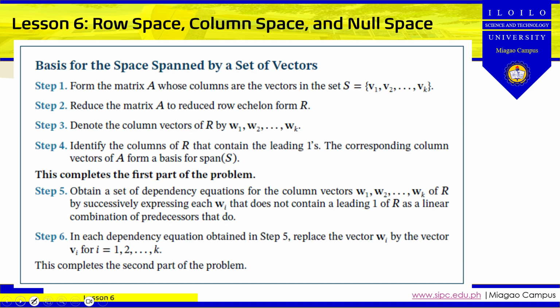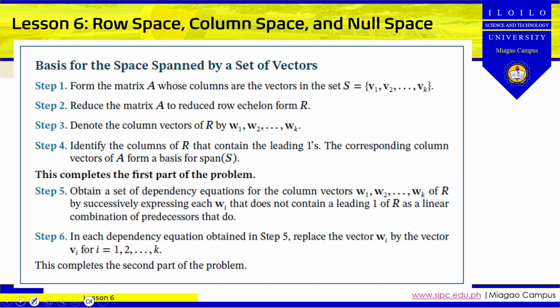Lastly, in this lesson, you need to take note of the basis for the space spanned by a set of vectors. There are 6 steps that you need to consider. Step 1: form the matrix A whose columns are the vectors in the set S, which is equal to v sub 1, v sub 2 to v sub k.